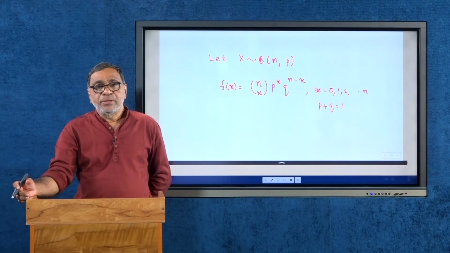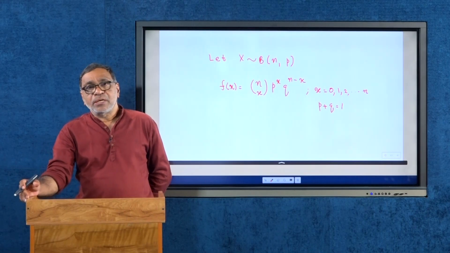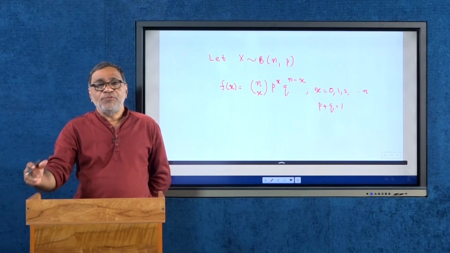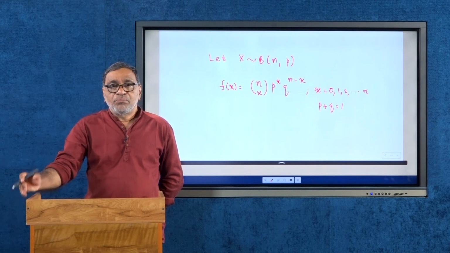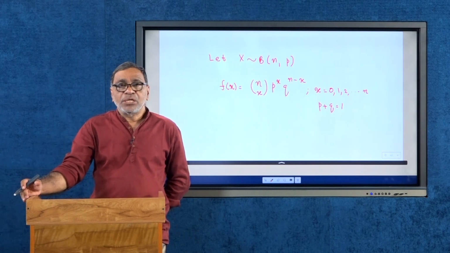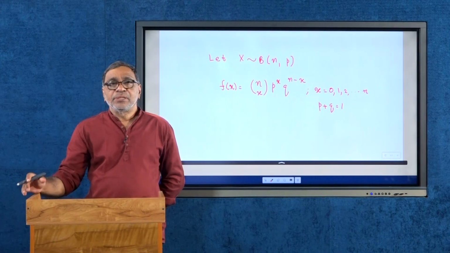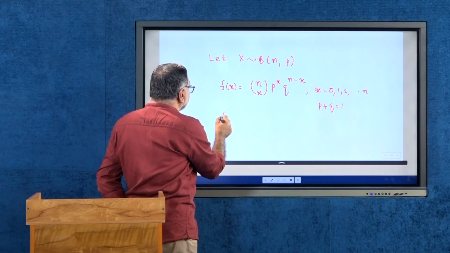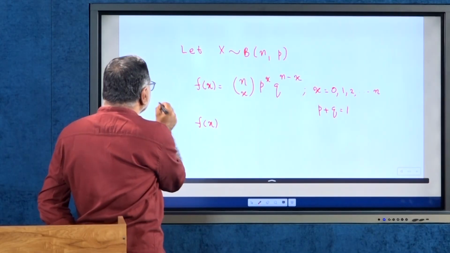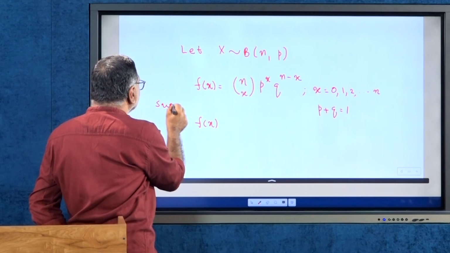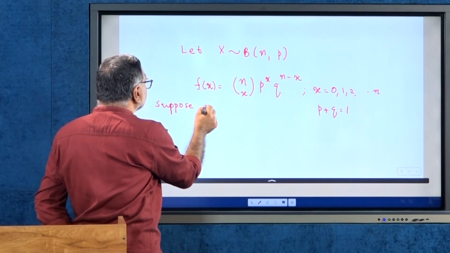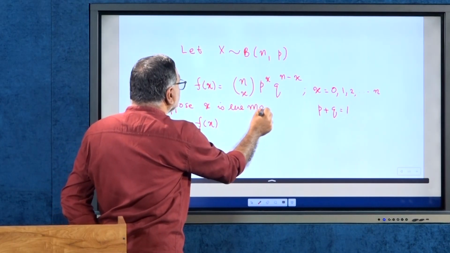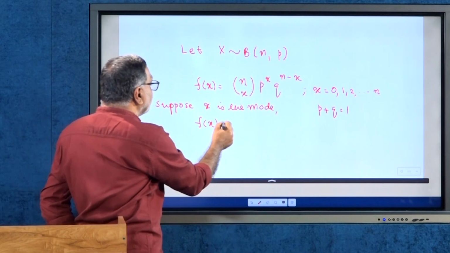As I mentioned, the mode of the discrete random variable is obtained in such a way that you identify the value of the random variable at which the probability mass function, this f of x, is maximum. That is, suppose x is the mode of the distribution, then f of x is maximum.